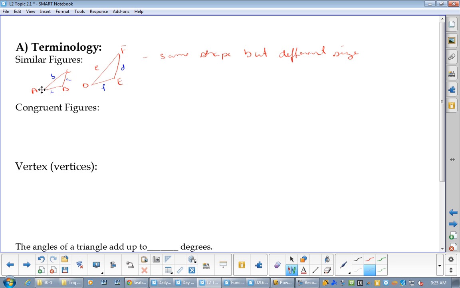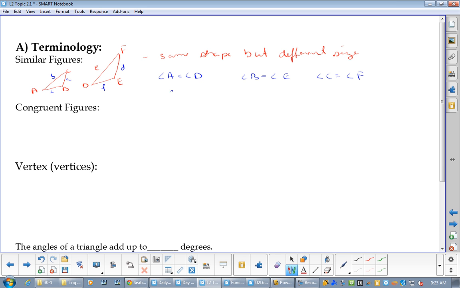Okay, but angle A would equal angle D. Angle B would equal angle E, and angle C would equal angle F. Now, one thing is you'll find that the ratios will be the same.